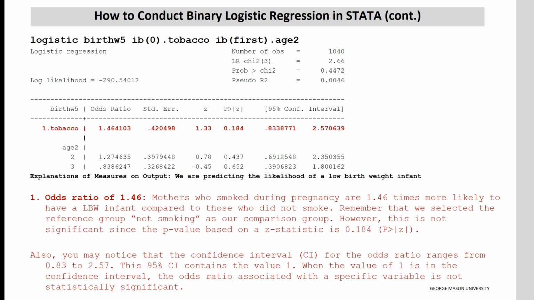So this confidence interval contains the value 1. When the value of 1 is in the confidence interval, the odds ratio associated with a specific variable is not statistically significant. And of course, this is in agreement with the conclusion from the p-value.